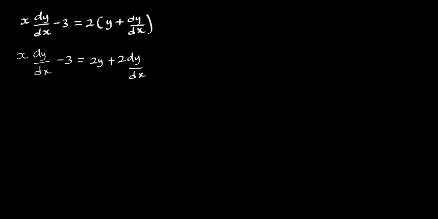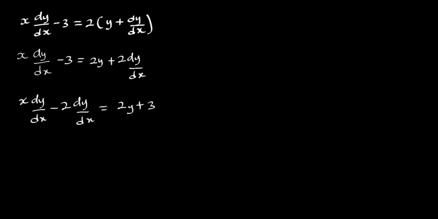Okay, so the next thing I'll do is that I would take the term with the dy/dx attached to it on the right hand side to the left hand side. Okay, so you are going to have x dy/dx minus 2 dy/dx, okay, to be equal to 2y plus 3.